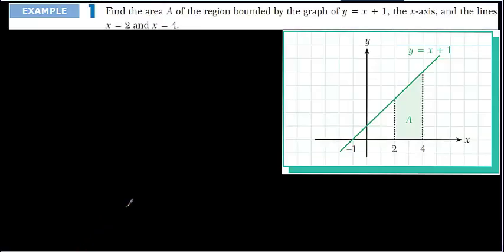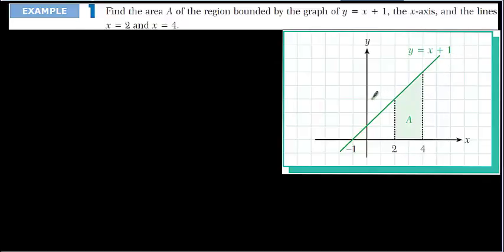Okay, let's start to solve areas. I have chosen this exercise consciously to find the area between them. We already know how to calculate that, but this area is a trapezoid, so I'm going to find the trapezoid's area also. This is the graph of x plus 1.